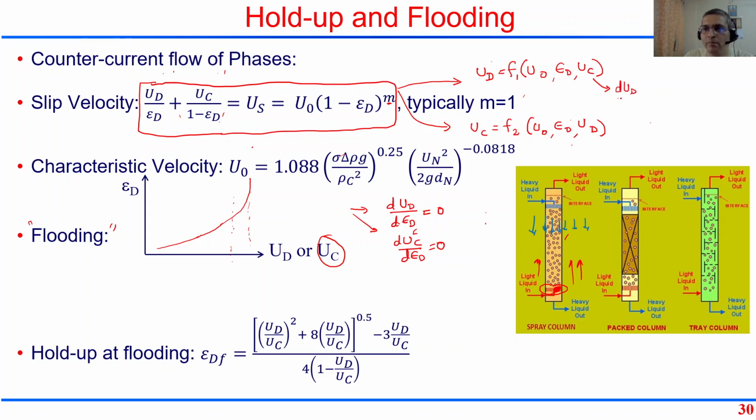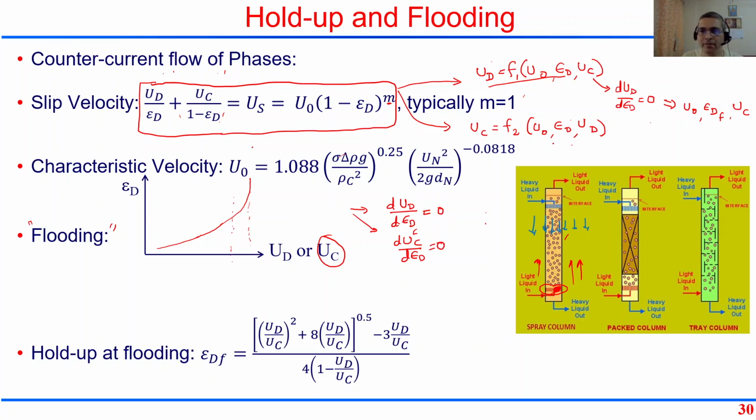So dud by d epsilon d equal to 0. Differentiate and equate it to 0. I will get some relationship between u0, epsilon d, which we will call epsilon d at flooding, and uc.